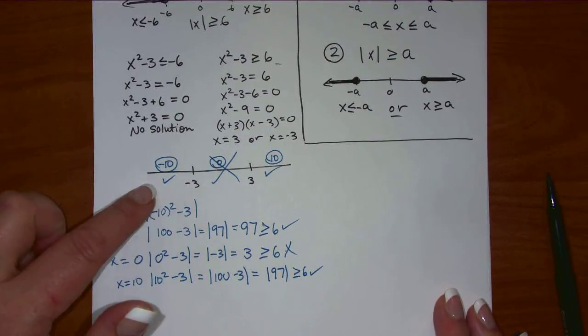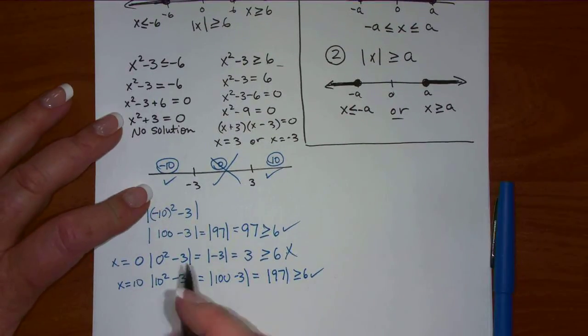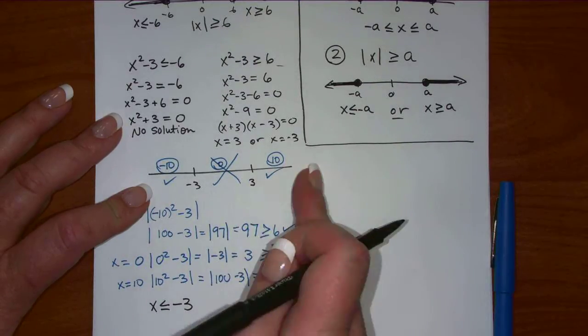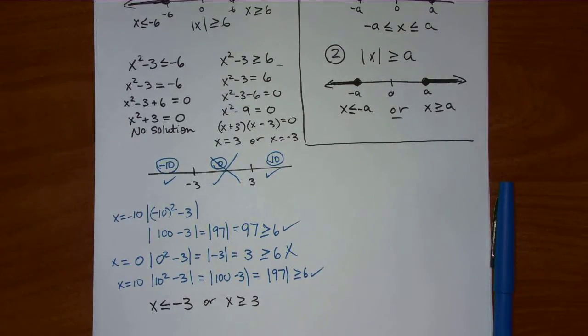This is x is less than -3. And then it skips a part, and then it's x is greater than 3. What do we put in between those? Or, because you can't be in both at the same time. That would mean and. You're both less than -3 and bigger than 3.